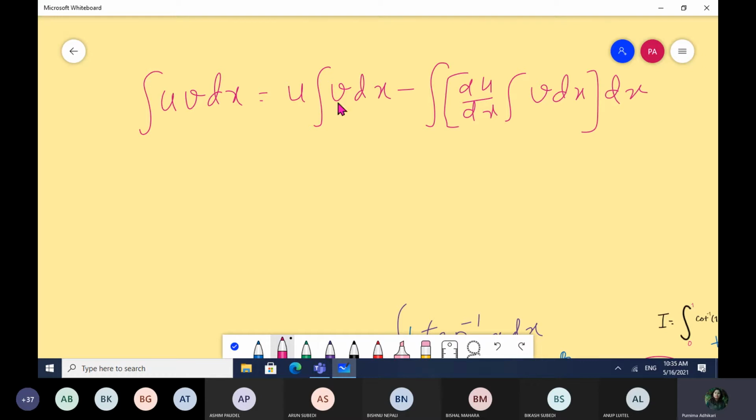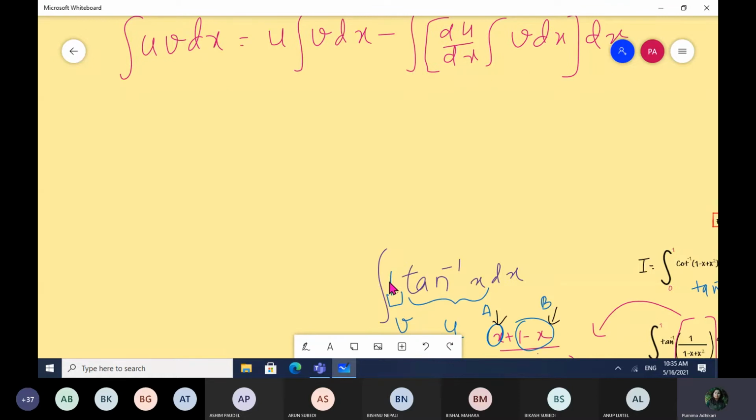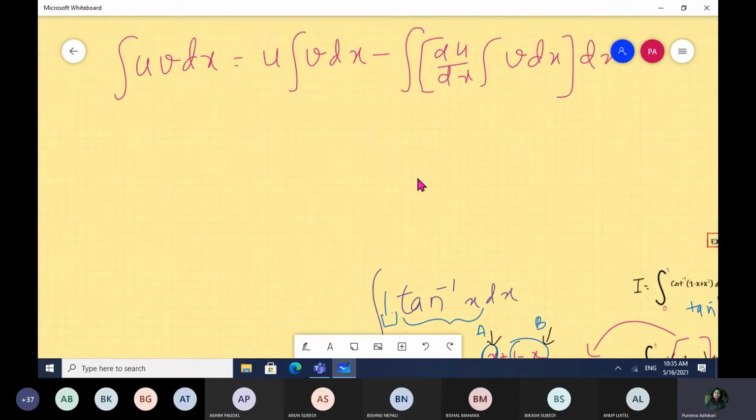This was your by parts rule. Now let's apply it here: your u is tan inverse of x and v is 1.